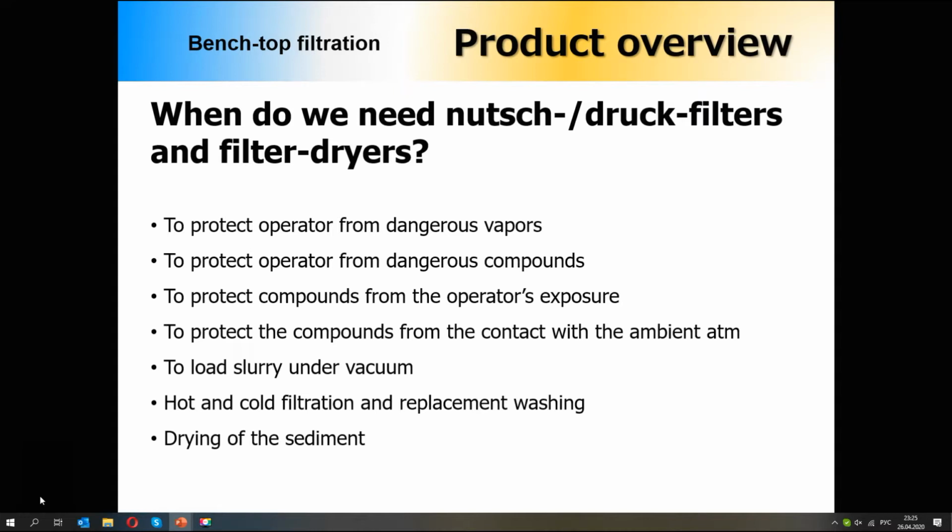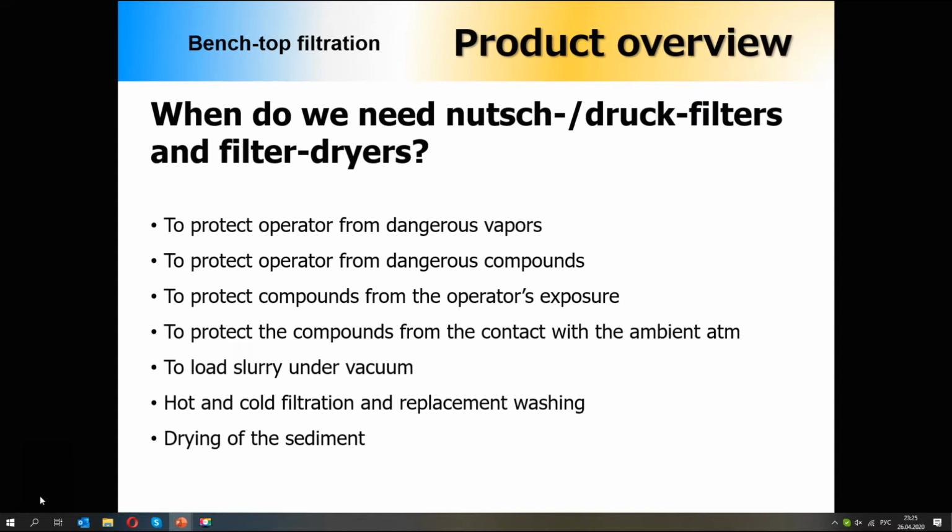Third point, we use this equipment when we need to protect compounds from the operator's exposure. So sometimes you are filtering something very expensive, like, I don't know, an API or something like that, and you're afraid that some kind of dust or the operator can spoil something during the filtration. So that's the third point.